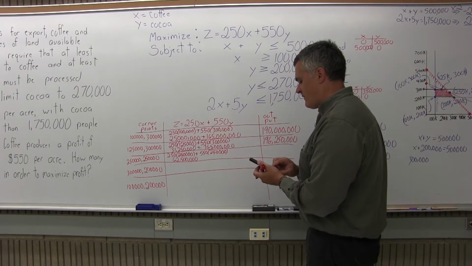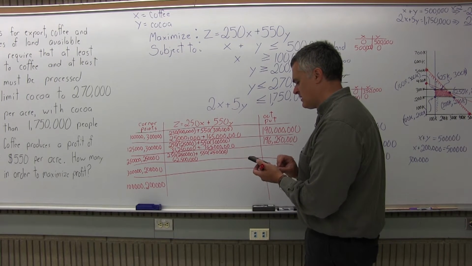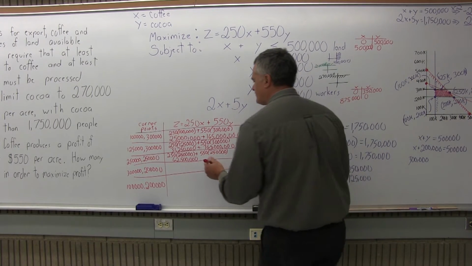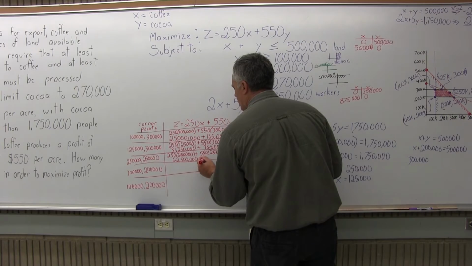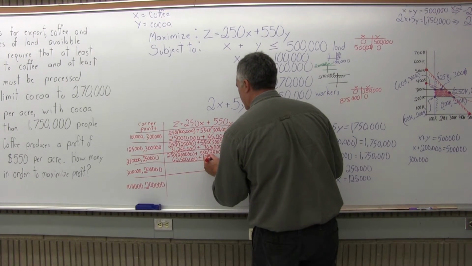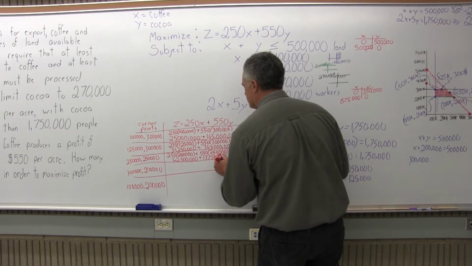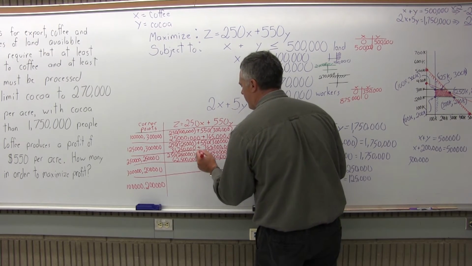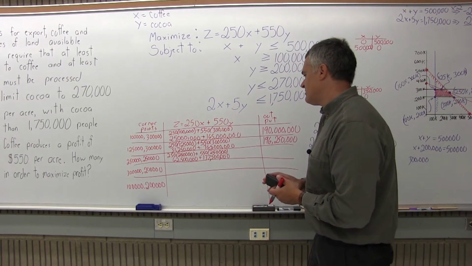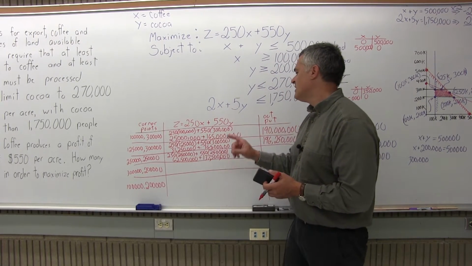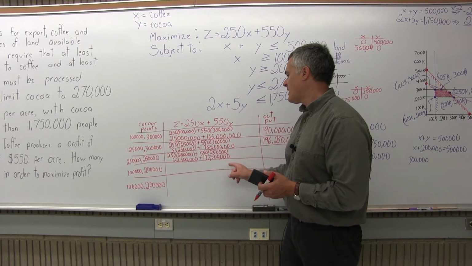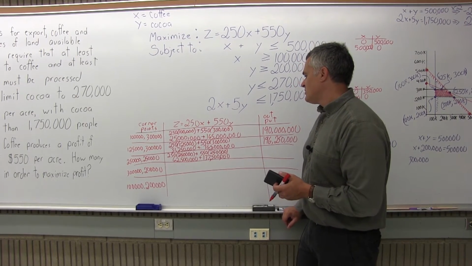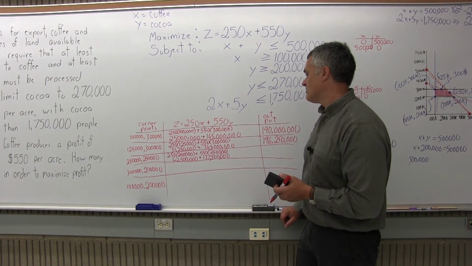So now 550 times 250,000 is 137,500,000. So I'm going to add 62,500,000 plus 137,500,000, which should be a lot, almost 200 million.